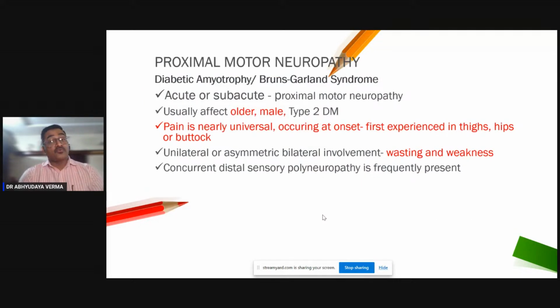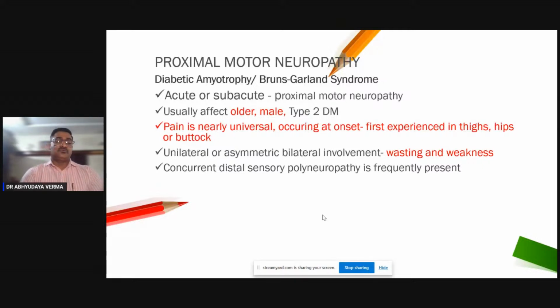Then we have proximal motor neuropathy also, which is very important. Diabetic amyotrophy can be acute or subacute. It usually affects older persons, males with type 2 diabetes mellitus. Pain is almost universal. It occurs at onset, first experienced in the thighs, then hips, or then buttock. And we can see here wasting of muscles and weakness.